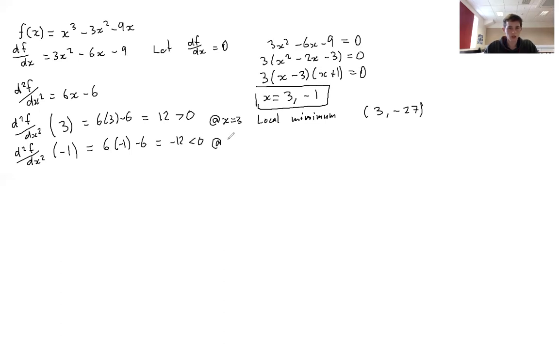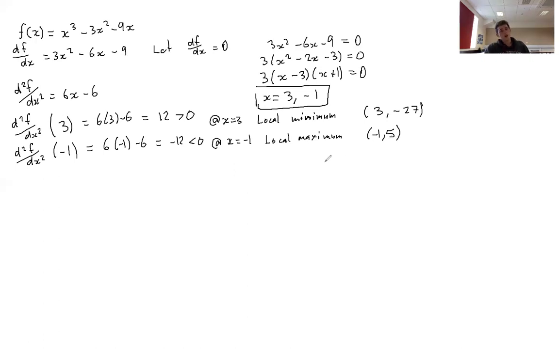So at x equals -1, we have a local maximum. And if we plug in -1 into our original function, we'll get a value out of 5.